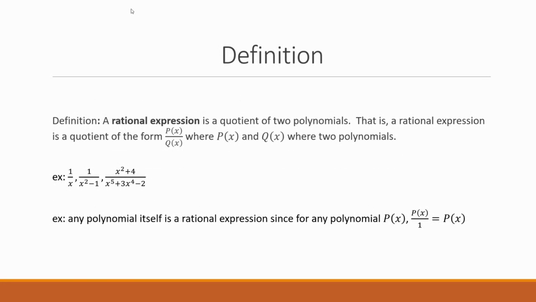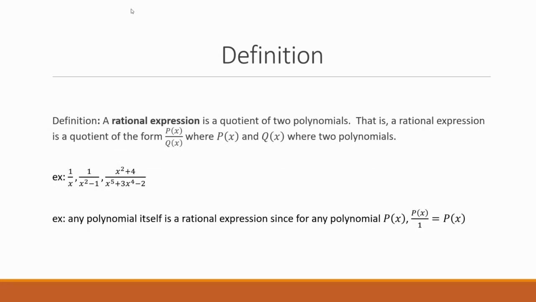All right, so what is a rational expression? Well, by definition, a rational expression is just a quotient of two polynomials. It's kind of like when you have integers: you form a quotient of them, you get a rational number. It's the same idea, except instead of integers, we have polynomials.